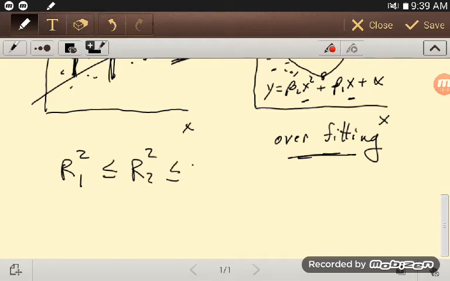And if I kept adding variables, and the amazing thing is, it doesn't matter what those variables are, whether they really do matter as far as the response variable, as I add more and more explanatory variables, my R squared gets bigger, which would say, oh, that's a good thing.